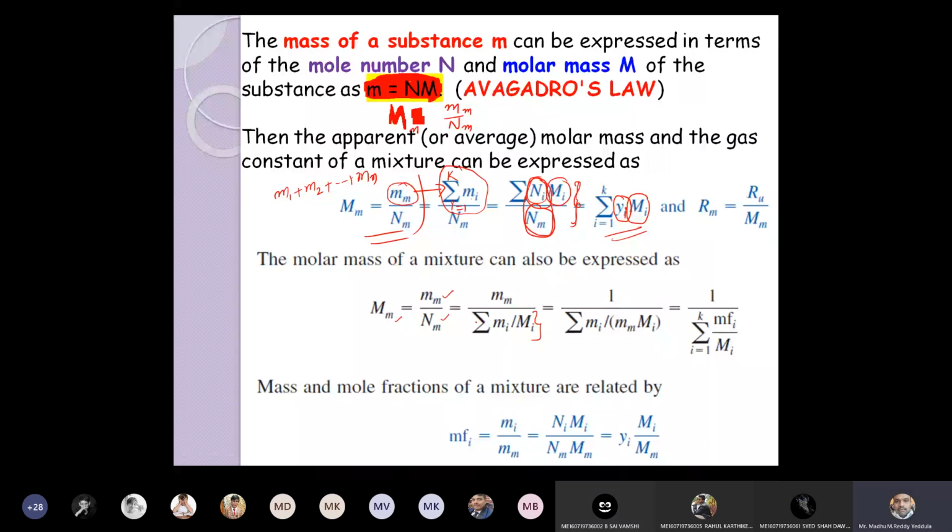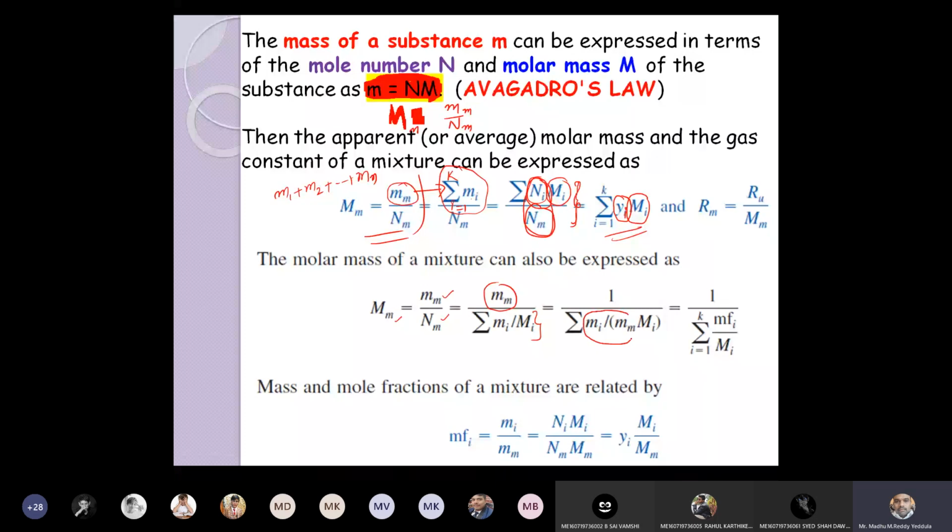Again, the mass of the mixture is in the numerator. If I write it in the denominator, it will be 1 by that. Agree? That's why mi by mm into Mi. Again, we know that the mass of an individual component to the mass of the mixture is called mass fraction.